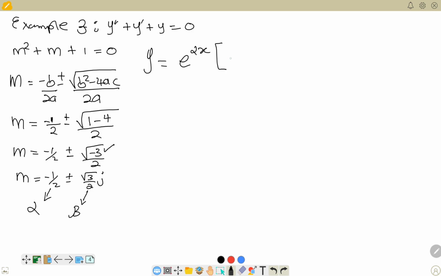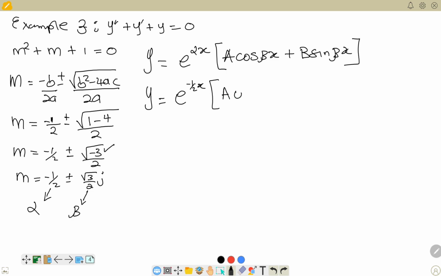Then when we find the general solution of this, it is going to be e to the power alpha x, then a cos beta x plus b sine beta x. So that is the equation. We have the value of beta, we have the value of alpha. What we need is to substitute in the place of beta and alpha. So alpha is negative 1 over 2, so we have negative 1 over 2 x. A is a constant.